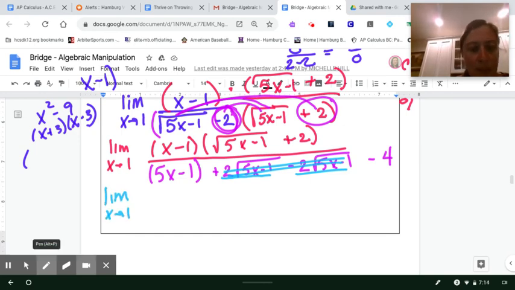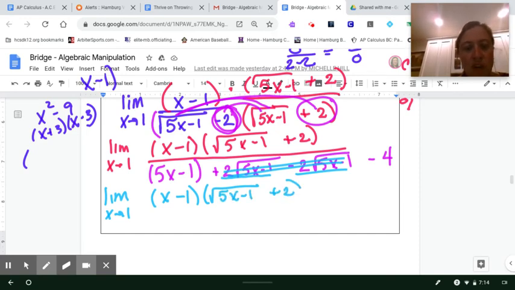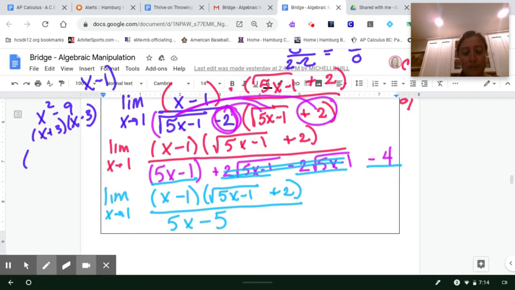I am never going to touch the top if it doesn't have two radicals, so it stays x minus 1 times the square root of 5x minus 1 plus 2. And I'm just going to clean up the bottom. So I have 5x minus 1 minus 4, so that becomes 5x minus 5. Those are like terms. I can put them together, the minus 1 and the minus 4.